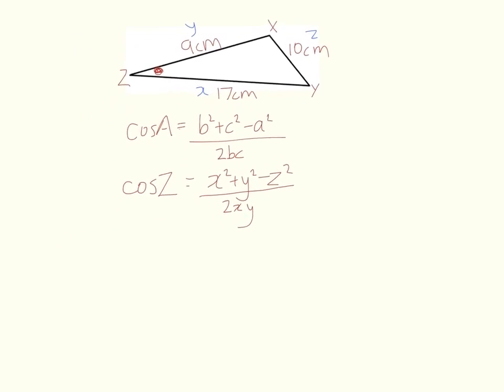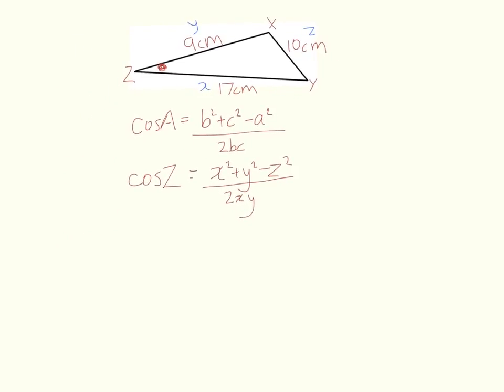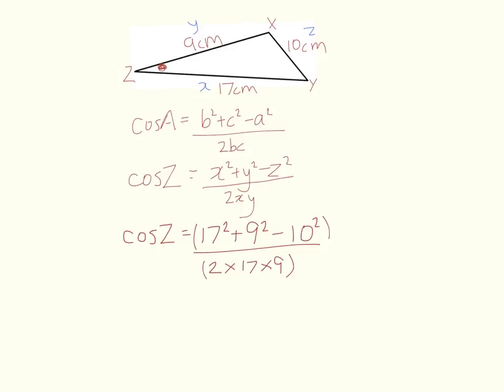Okay, so cos of z equals 17 squared plus 9 squared, take away 10 squared, and that is divided by 2 times 17 times 9. Remember to put brackets around both the top and the bottom line. So cos of z will equal 0.882.